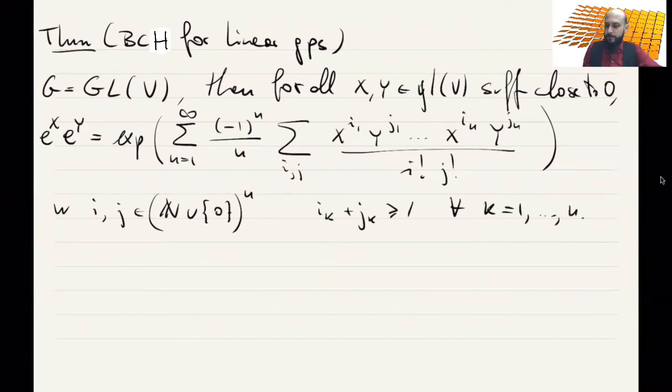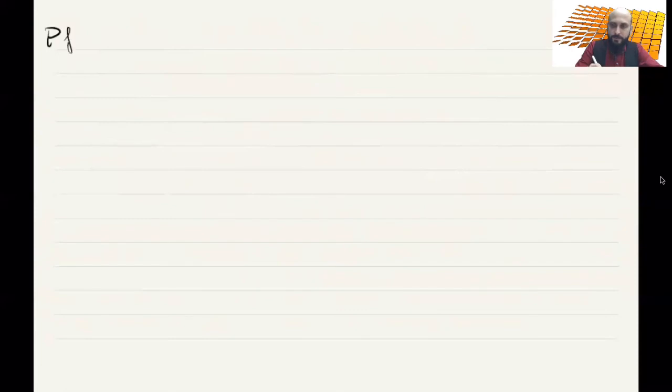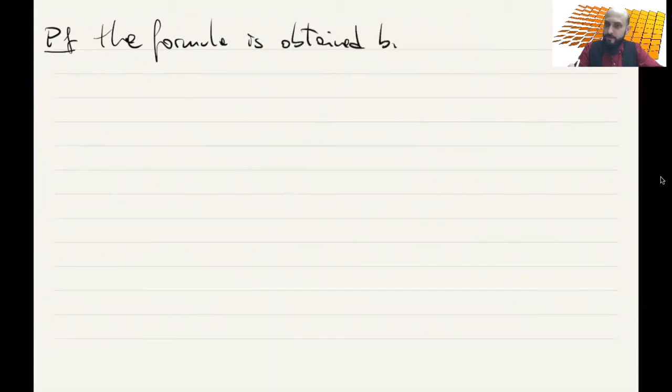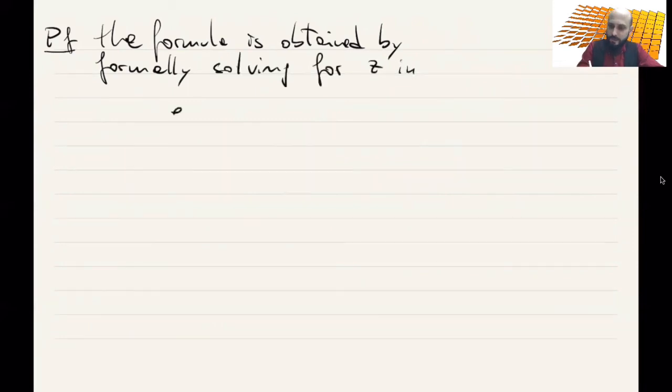Okay, let's prove this formula. Proof. So the formula is obtained by formally solving for z in the equation z equal to e^x e^y.